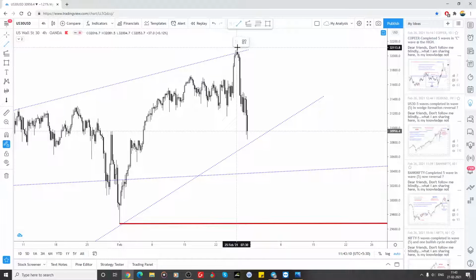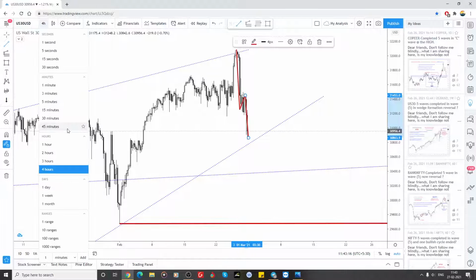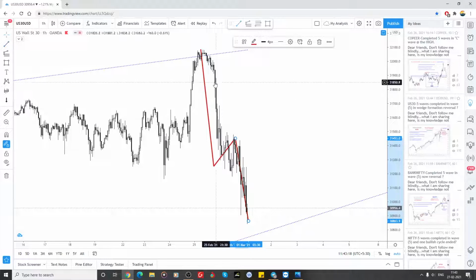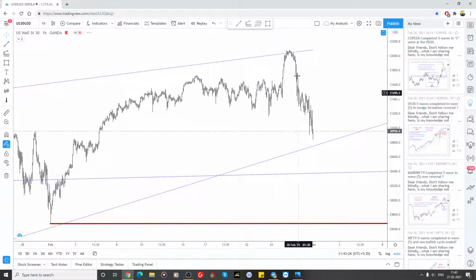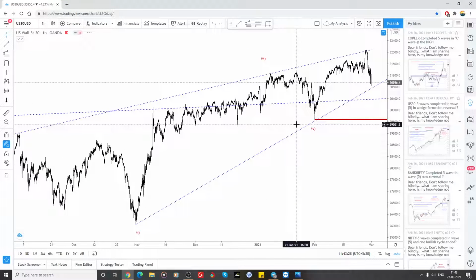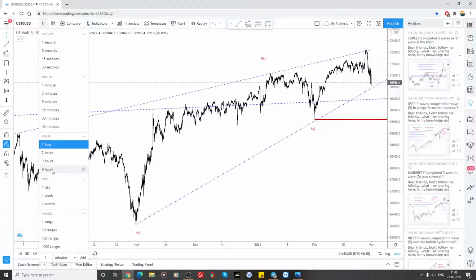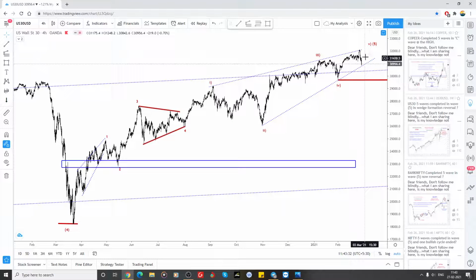But this move is a 3-wave structure. Now it looks like a 3-wave structure. If we look at the 1 hour also, it looks like that. So if it is a 3-wave structure, there is a lot of possibility for an extended 5th wave. Means this kind of waves or this kind of wave.